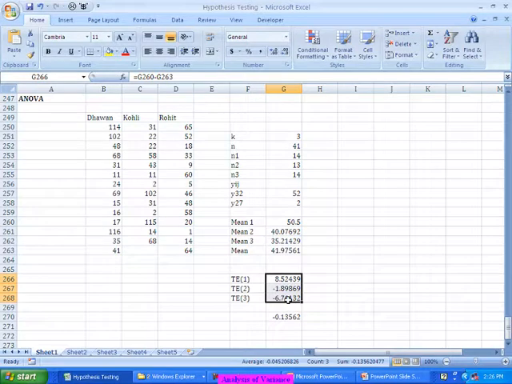And if there was no difference between the treatment means, then all of them would be the same as the overall mean, which means the treatment effects should also be equal to 0. But in this case, there are some positives and some negatives, and in some cases they are very high. The treatment effect of 1 is around 8.52, whereas of 3 it is around minus 6.76.